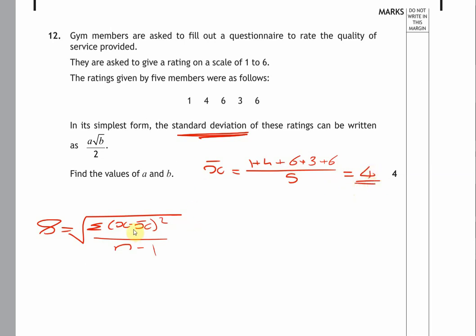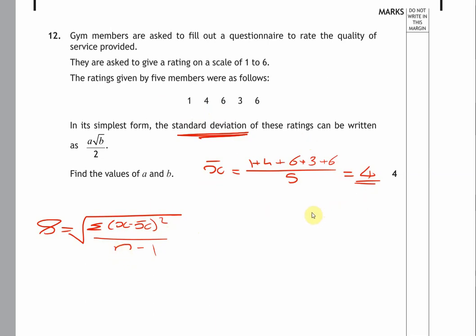So then what we have to do is find the summation of each of these values minus the average value squared. And n of course is going to be 5, so it's going to be over 5 here.